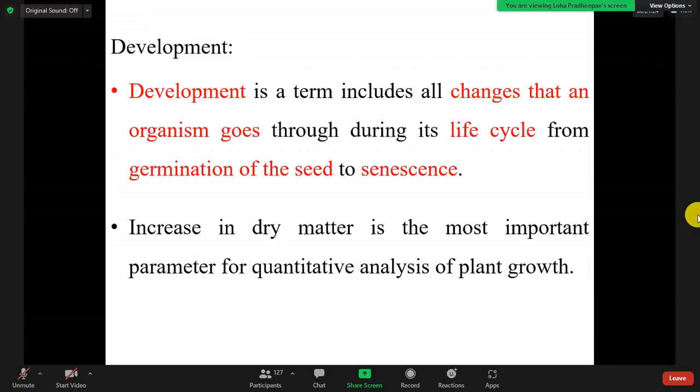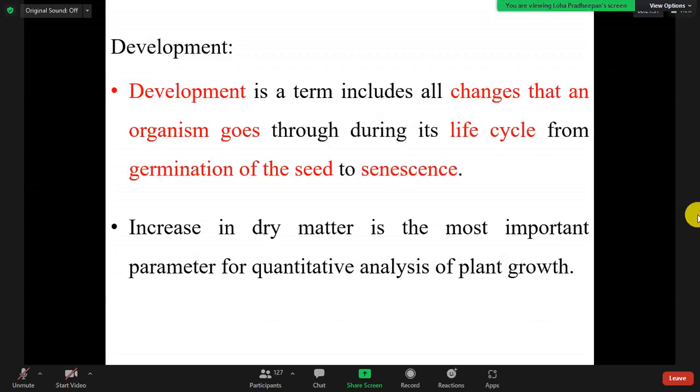There are three stages in plant growth. Plant growth is measurable, quantitative, using parameters like dry weight, fresh weight, plant height, volume and diameter to measure the growth.